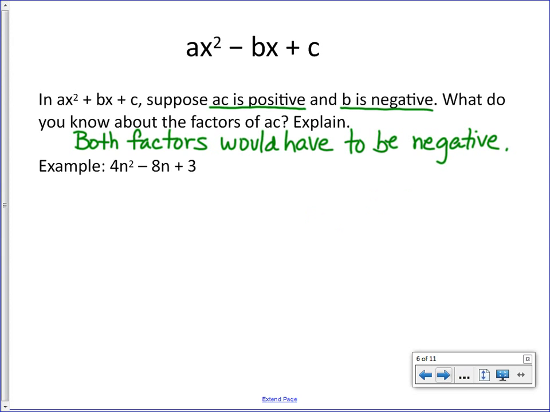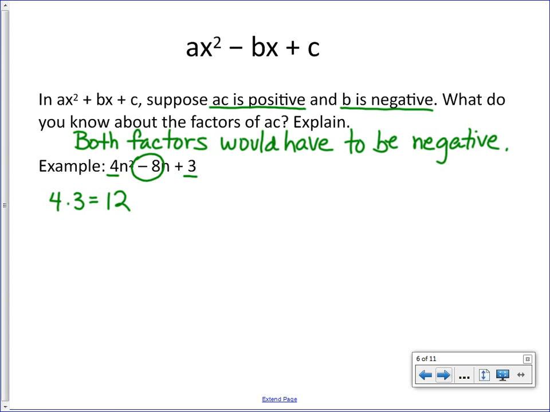So again, let's identify our a and our c, 4 and 3, and multiply 4 times 3 together to get 12. Now we want factors of 12 that are going to add up and give us a negative 8. So in order for them to multiply together and get a positive 12 and add together to get negative, we know they both have to be negative.